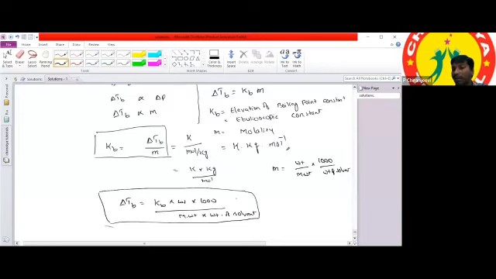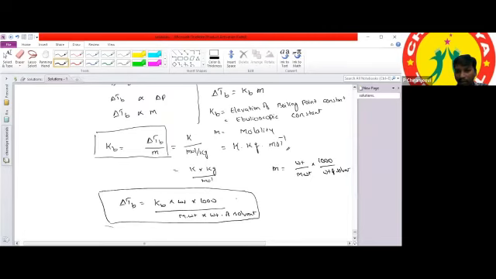Molality is the number of moles of solute present in 1 kg of the solvent. The whole equation becomes delta Tb equals Kb into weight of the solute into 1000 divided by molecular weight of the solute into weight of the solvent. Did all of you get it?